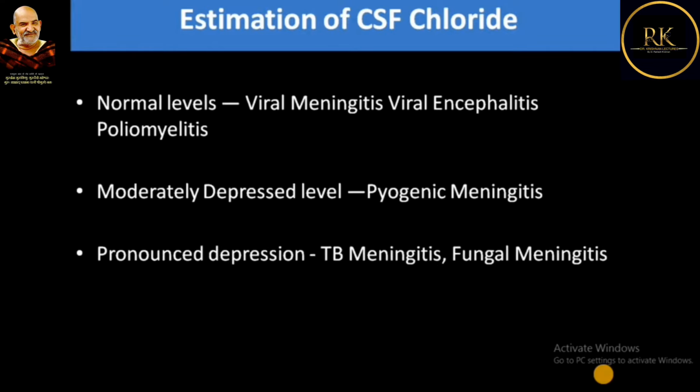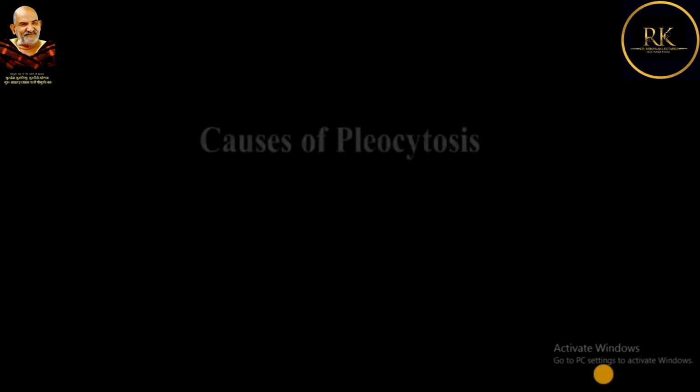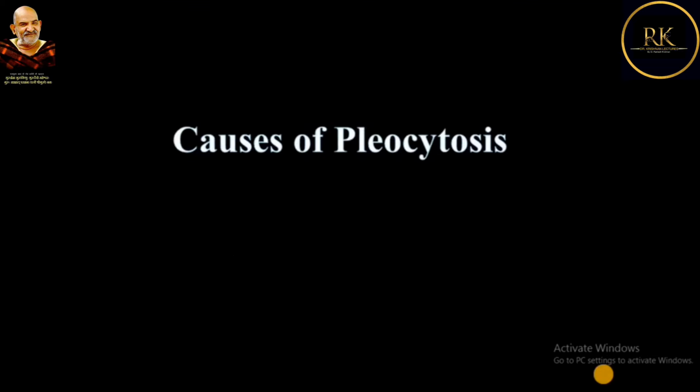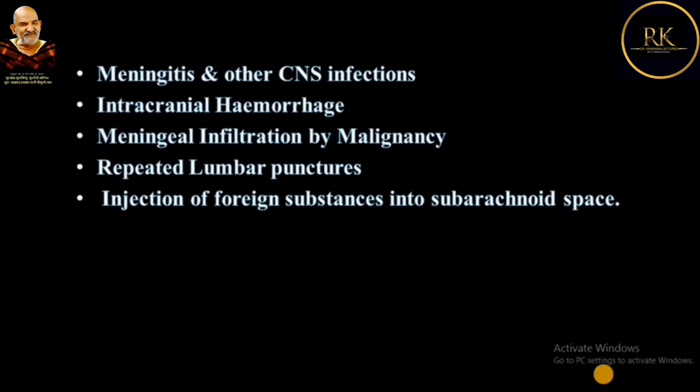Causes of pleocytosis include meningitis, intracranial hemorrhage, meningeal infiltration by malignancies, repeated lumbar puncture, and injection of foreign substance into the subarachnoid space. Conditions associated with increased neutrophils in CSF.